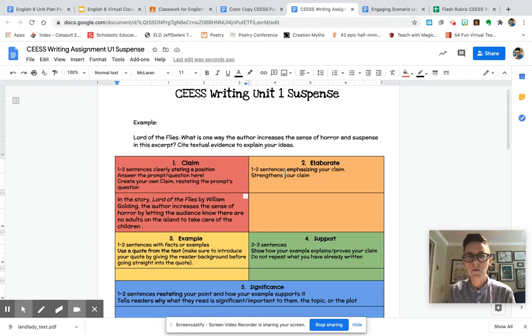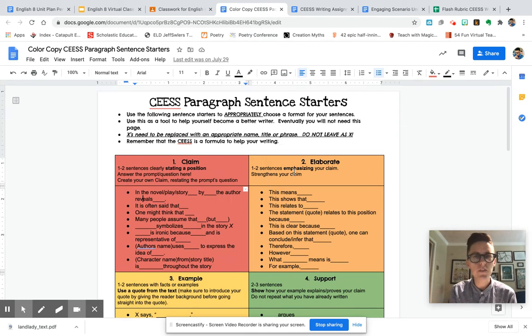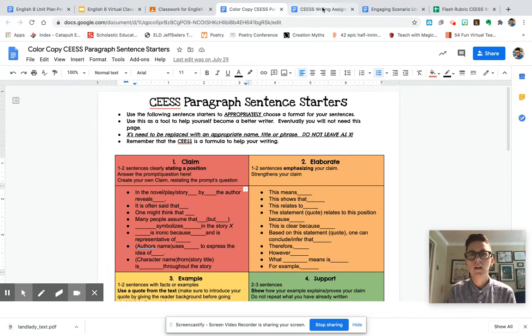Now I elaborate, emphasize my claim, strengthens my claim. So if I'm feeling a little stuck, I can come over here. Let's see which one. See, this is clear because, this means, this shows that, this relates to, yes.